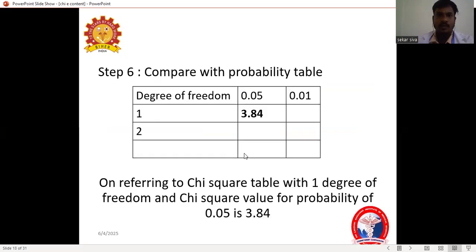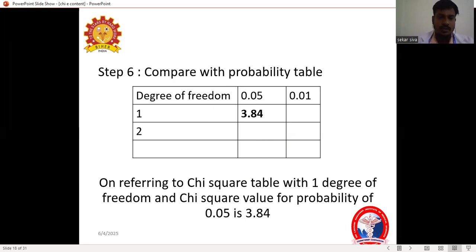Okay. Already we said compare the probability table value. A whole table is given, but for the exam purpose, I will take only the significance level of 0.05 and 1 degree of freedom. Okay. On referring to a chi-square value table with 1 degree of freedom, the chi-square value for probability of 0.05 is 3.841.